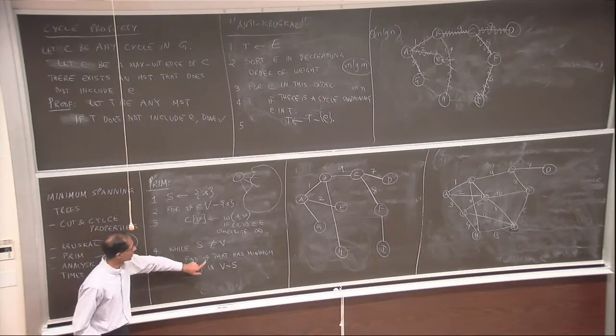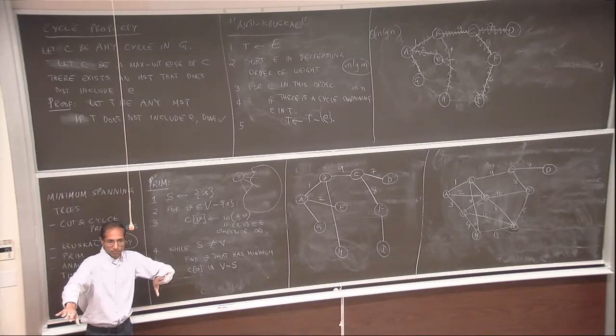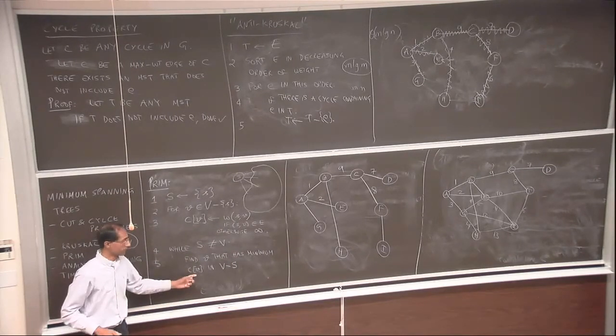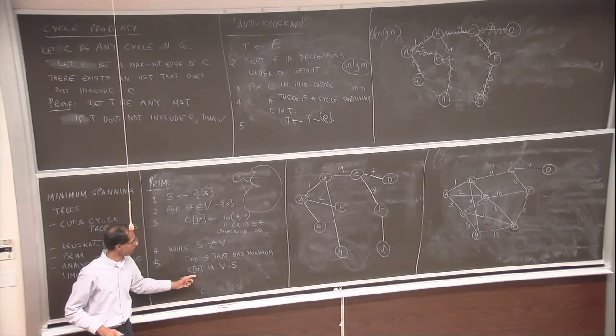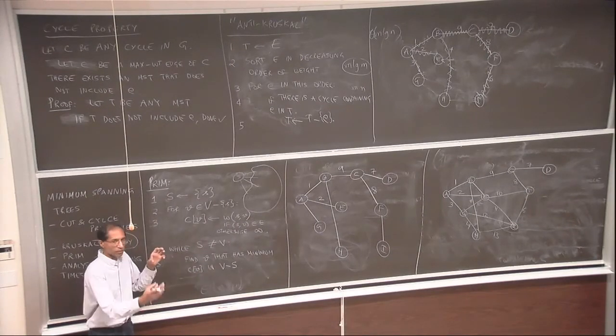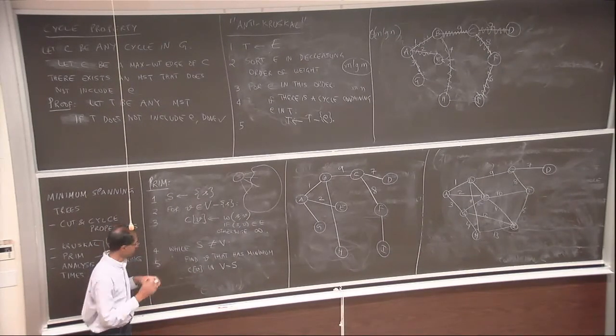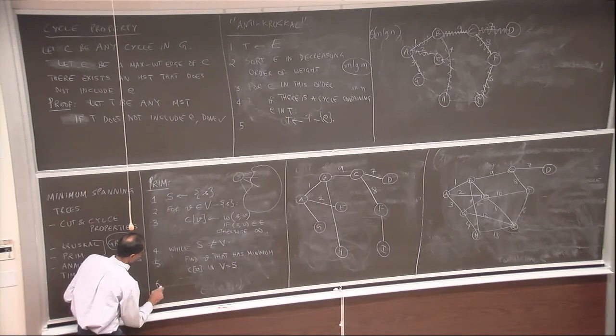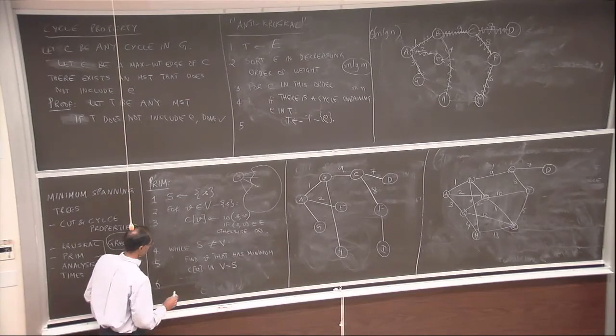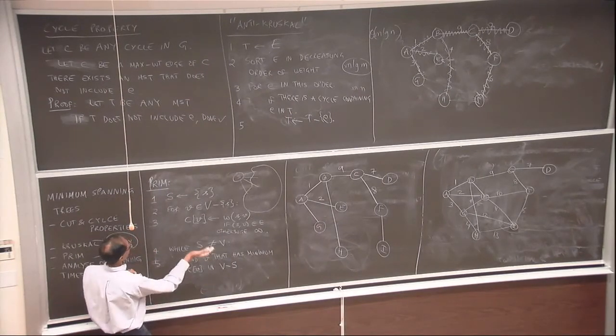Look at all the vertices on the other side of the cut and pick the one that has the lowest C value. Okay? Move that over. So we're going to add V to S.